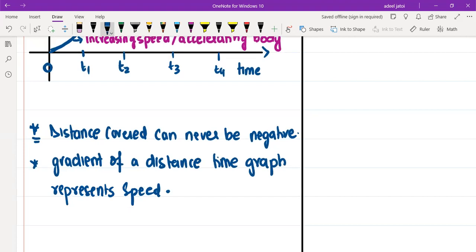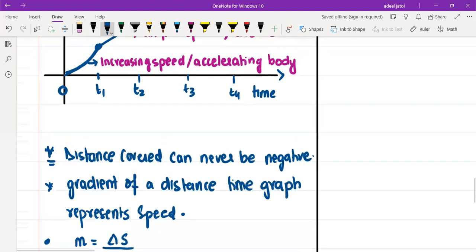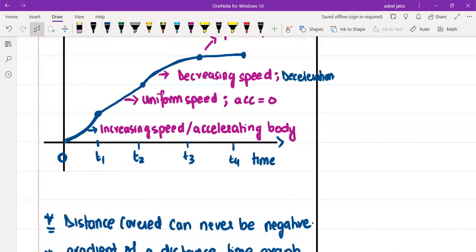Gradient represents speed, which means change in x and change in, normally your s and t. So what does the distance time graph represent? Speed. That means gradient represents your speed.